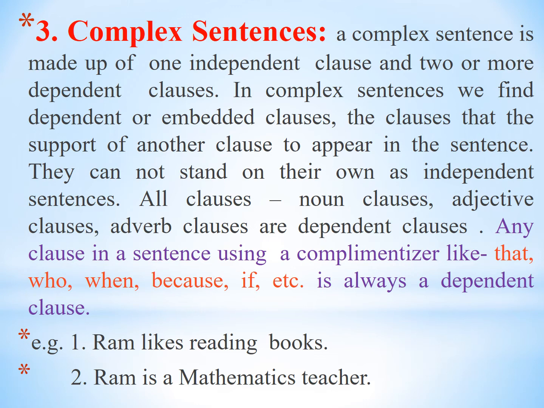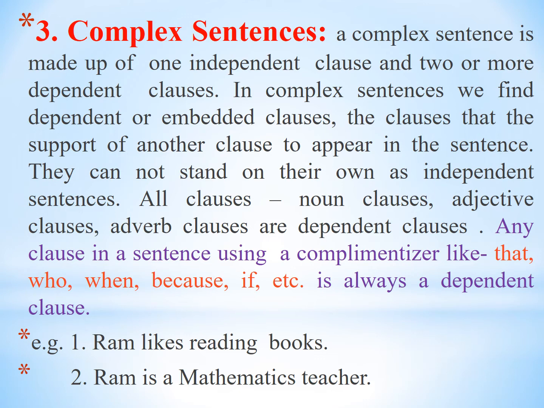They cannot stand on their own as independent sentences. All noun clauses, adjective clauses, adverb clauses are dependent clauses. Any clause in a sentence using a complementizer like that, who, when, because, if, etc. is always a dependent clause.